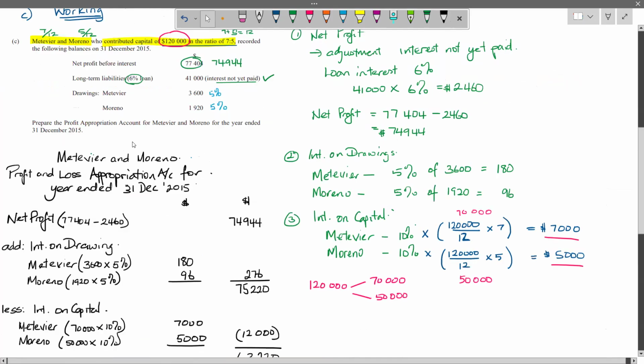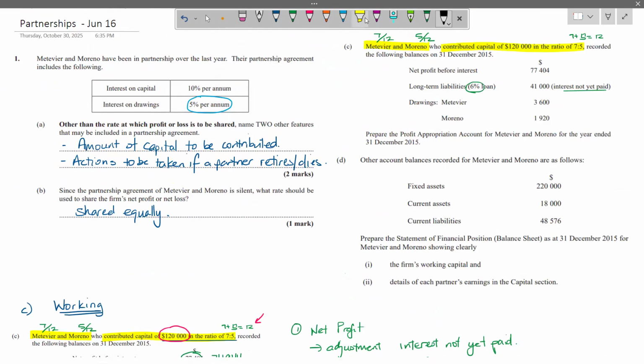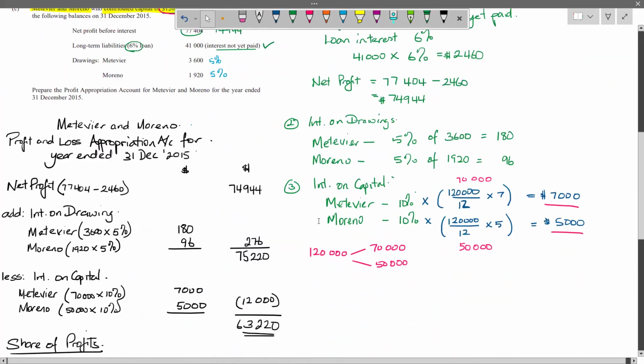So this is why we need to identify some of these things. We have this loan here, 41,000. So that has to be shown as part of our liabilities.